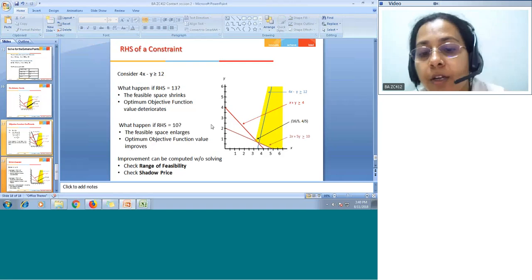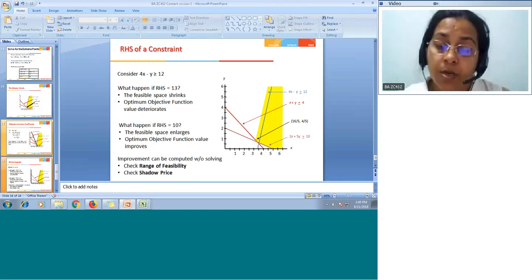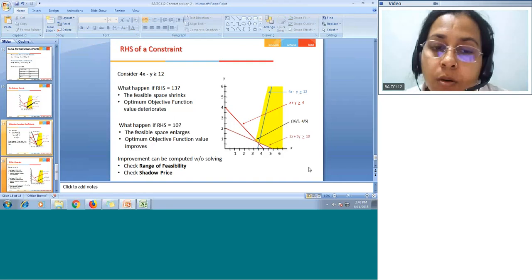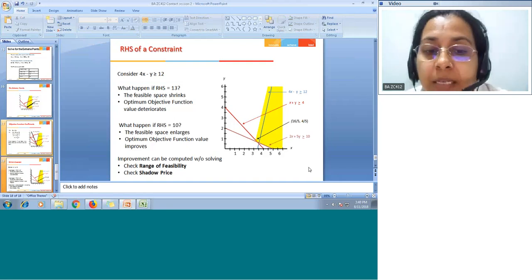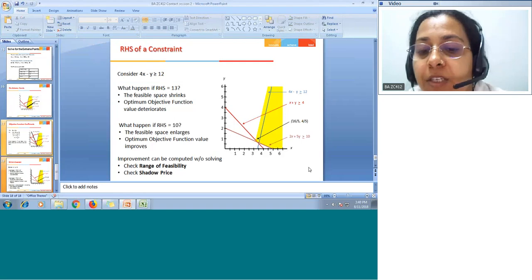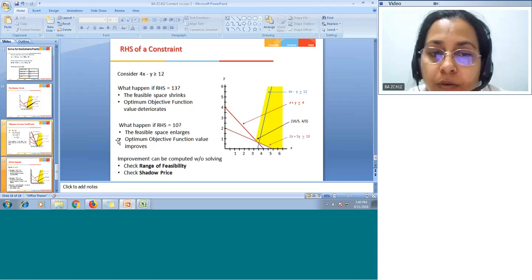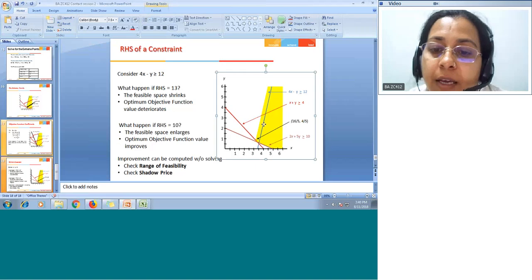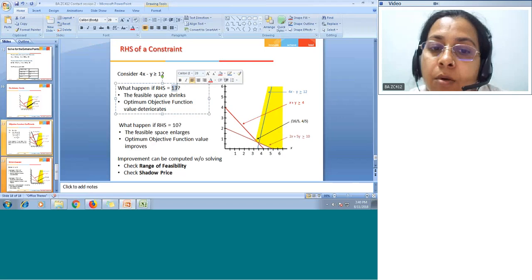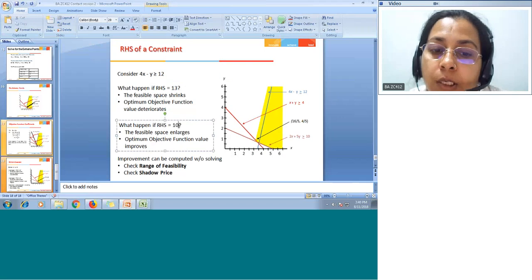Deterioration means, since it's a minimization problem, if the cost value increases from the previous value, that means deterioration of the objective function value. Similarly, if I change this value from 12 to 10, then what happens?